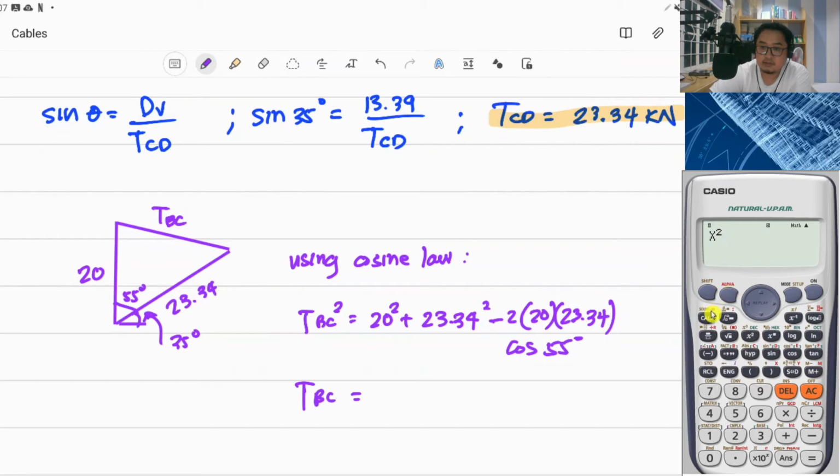Alpha x squared equals 20 squared plus 23.34 squared minus 2 times 20 times 23.34 times cosine of 55.